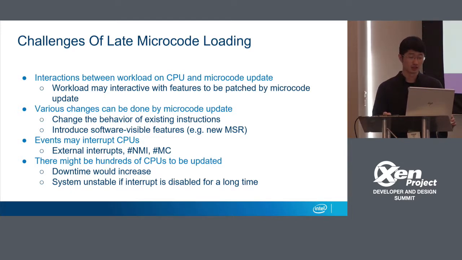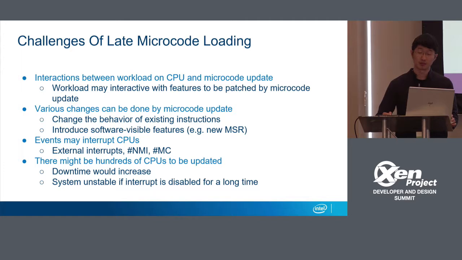The second thing is that various changes can be made by a microcode update. For example, microcode can change the behavior of an existing instruction, and it can introduce software-visible features, for example, MSRs. And you don't know in the future what the microcode update will change.